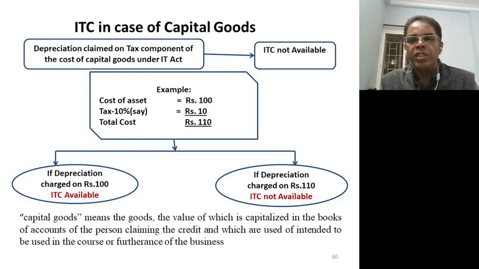Be very careful: if the depreciation is charged on the cost of the asset, 100, ITC is available. If depreciation is charged on cost plus tax, ITC is not available.